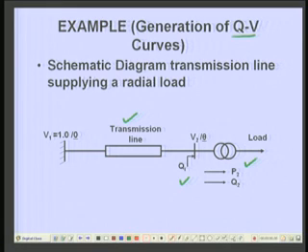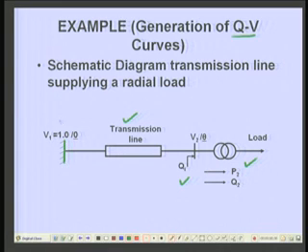let us study how we generate the QV curves. For this, the example considered is a transmission line supplying a load through a step down transformer. The voltage V1 is the infinite bus.